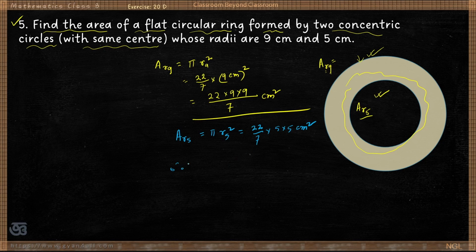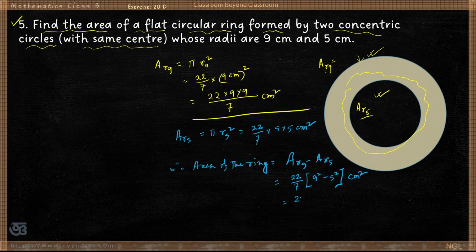Therefore you can write area of the circular ring is equal to AR9 minus AR5, area of the bigger circle minus area of the smaller circle. Now what is common among these two areas? 22 divided by 7 is common, times 9 square minus 5 square, centimeter square.